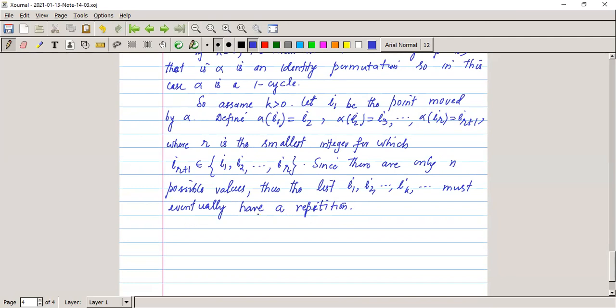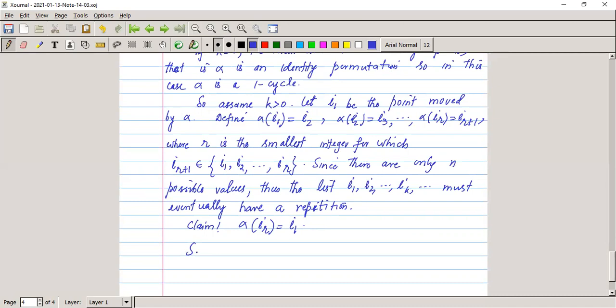Now when we have a repetition, we have a claim here. We claim that alpha of IR is equal to I1. So alpha sends IR to I1.